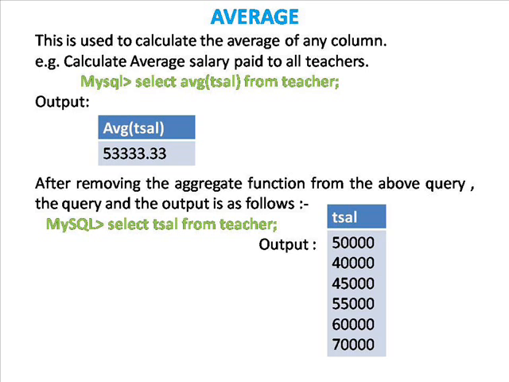There will be a column and the heading to that column will be AVG(TSAL), just as we gave it in the query. And below it we will have the actual value after the average is calculated. In this case it is 53,333.33. If I remove the aggregate function and write the query, select TSAL from teacher, it will be the same simple query which we discussed earlier.